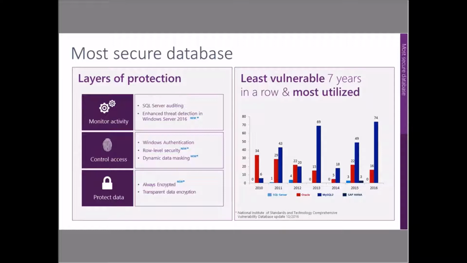It is encrypted while it is in flight, so as it moves from the server back to the client over the network, it is encrypted. Should it ever be intercepted at that stage and looked at, it is still encrypted. It only gets decrypted once the client receives the data, because the client application is the one that has the key to decrypt it. So not even an administrator at the server could compromise any of the information. If that's a concern for you, we have the ability to do this now.